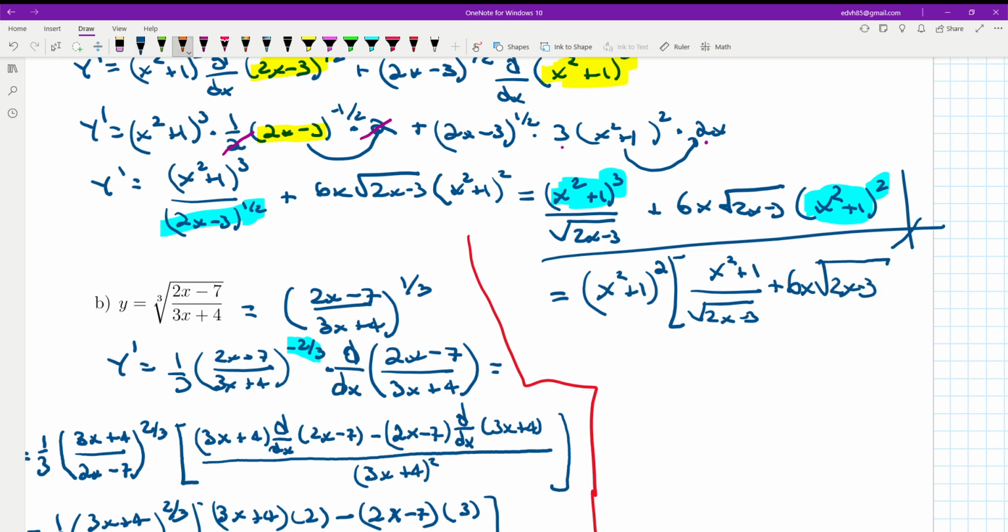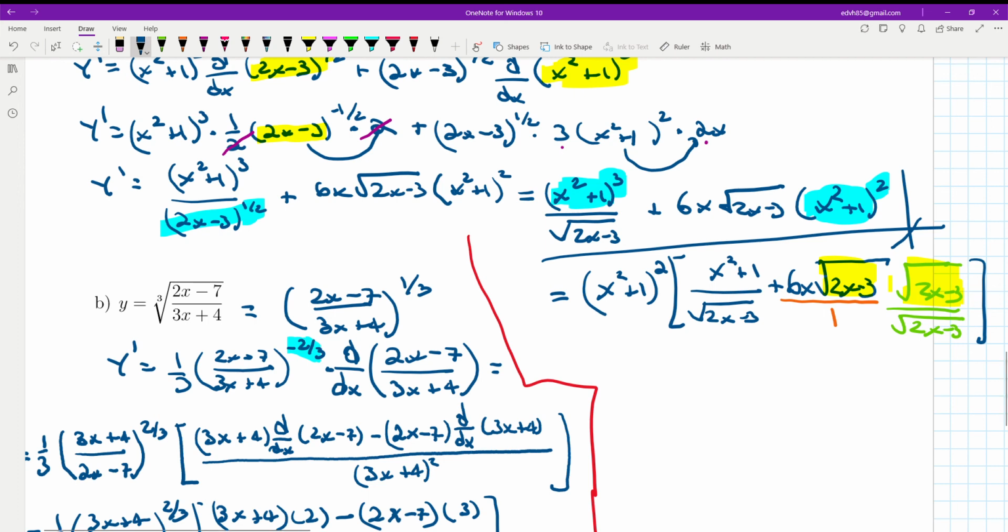Notice this can be rewritten as over 1. And we're going to multiply by a least common denominator, that is 2x minus 3. So when we multiply the square root of 2x minus 3 times itself, the radical will disappear and we are going to be left with just 2x minus 3.